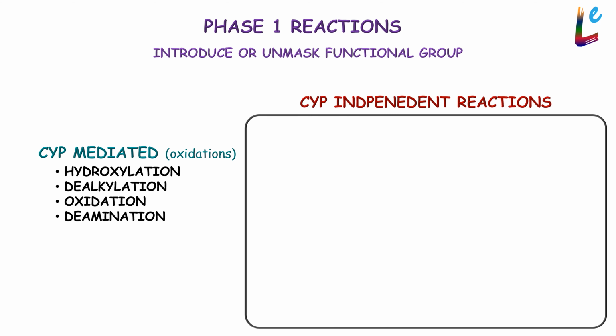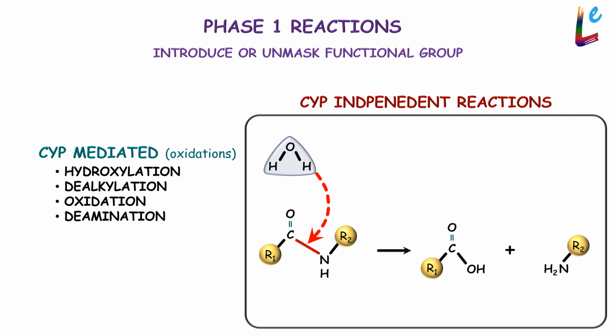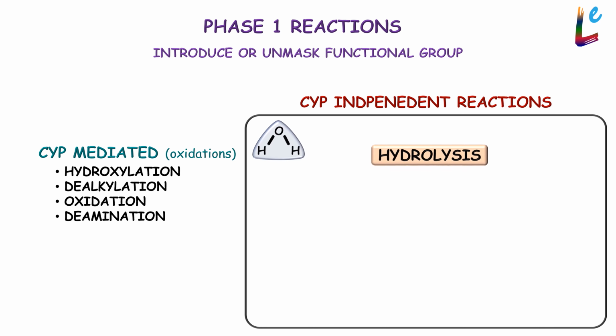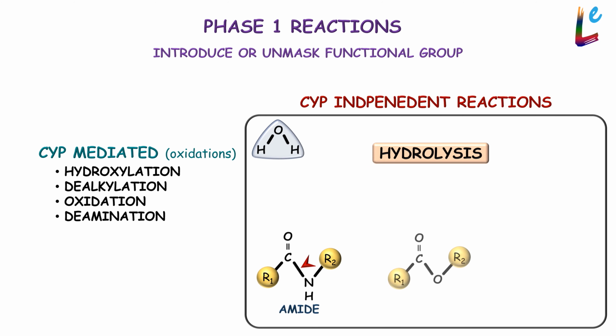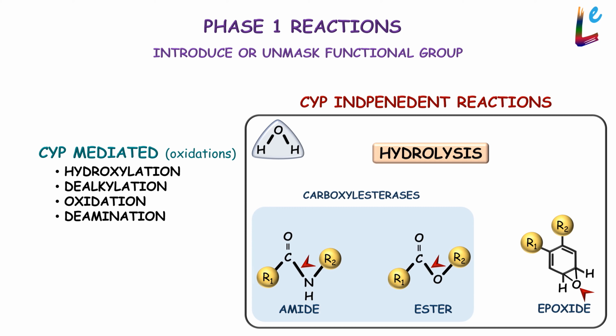For example, a water molecule can break the chemical bonds in a xenobiotic. This is hydrolysis. Depending on the bond that is broken, this may be an amide, ester, or epoxide hydrolysis. The enzymes involved are carboxyl esterases and epoxide hydrolases.